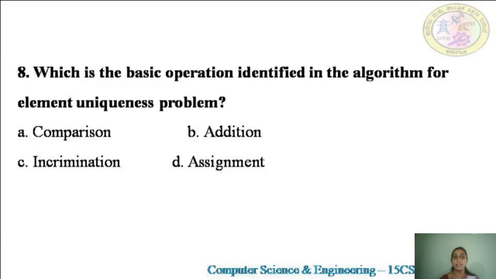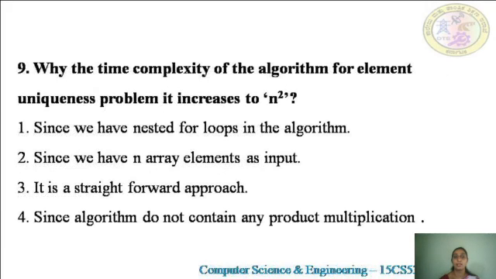Yes, exactly again it is comparison operation. Here we are going to compare each and every element with all the remaining other elements, right?